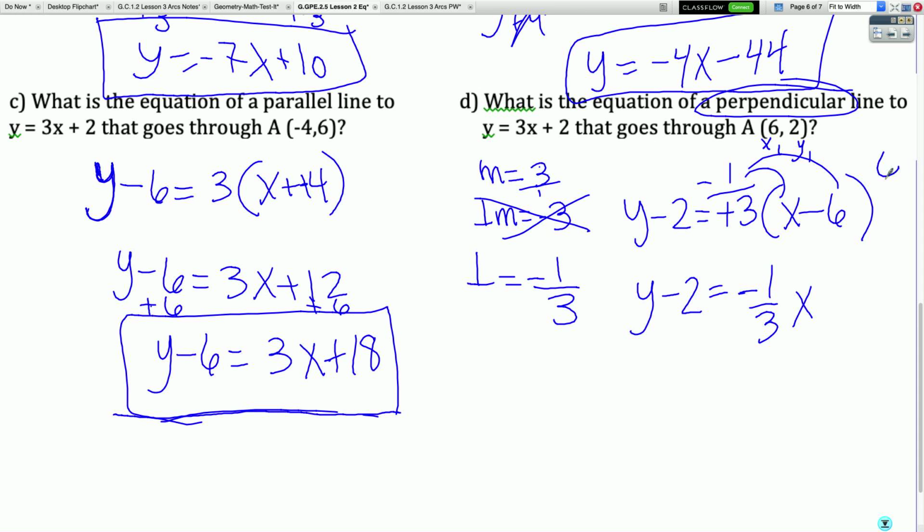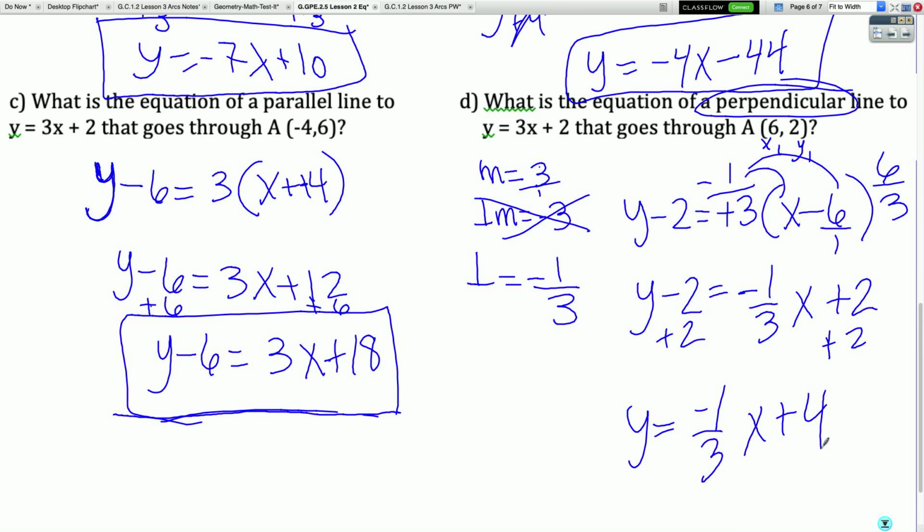Positive 6. The denominator is 3 times 1, which is a positive 3. What's 6 divided by 3? Positive 2. What's the last step here? Add 2. So my final answer would be y equals negative 1/3 x plus 4.